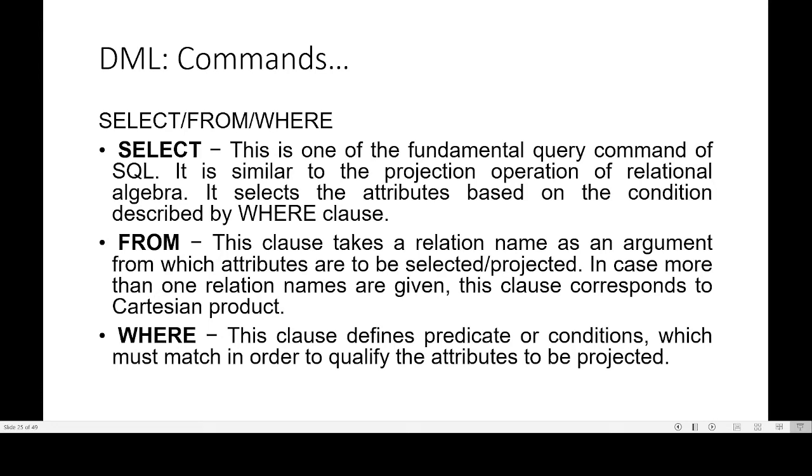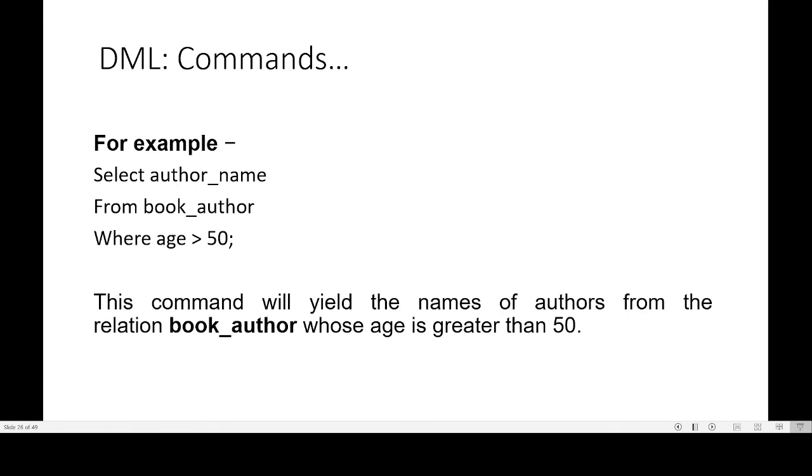Then we have where. Where gives the conditions or predicate that must match in order to qualify the attributes to be projected or selected. For example, consider this one: select author name, where author name is a column name, from the table book author, where book author is the table name.